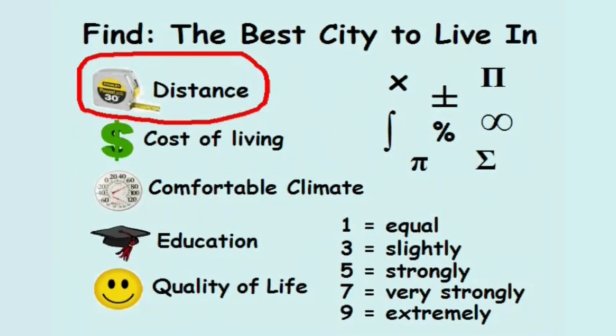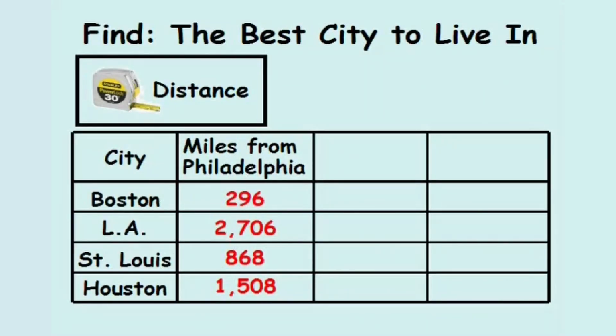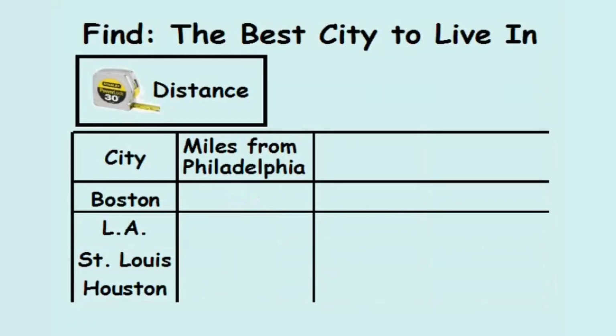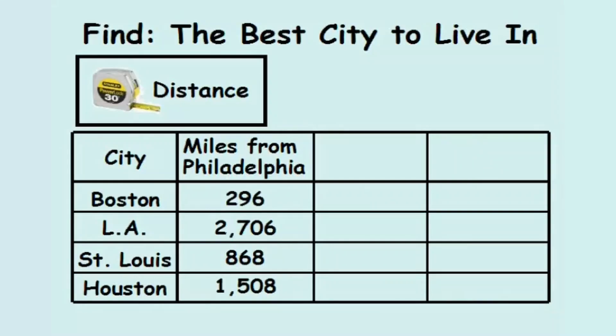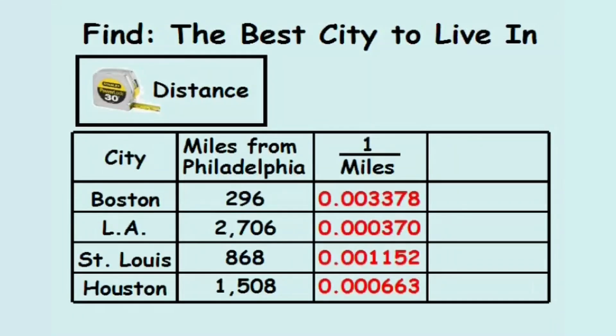Let's begin with the distance criterion and then work our way down through each criterion in order. The number of miles from Philadelphia to each city is looked up and entered into a table. Since the shorter distances are preferred, the inverse of these distances is calculated.